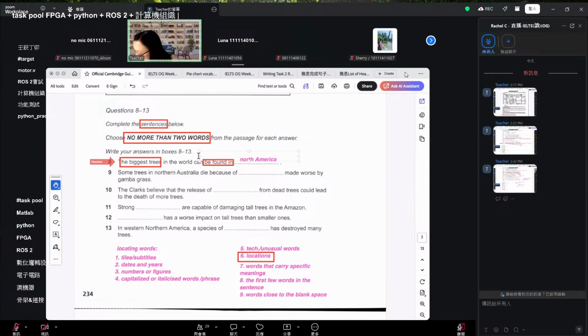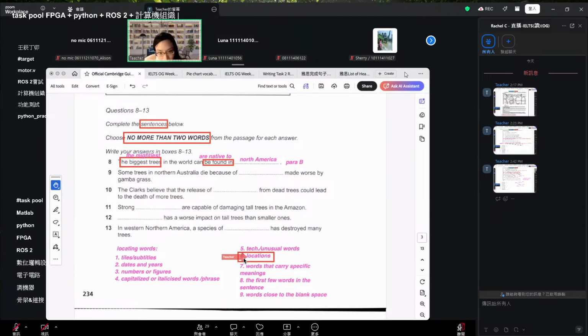It was to say are native to. And then they didn't say the biggest trees. They say the mightiest.